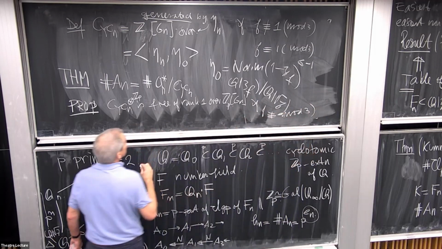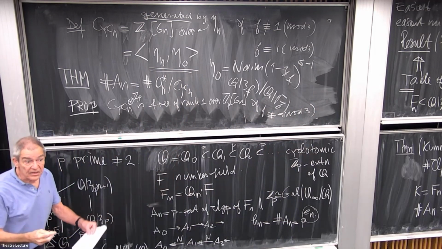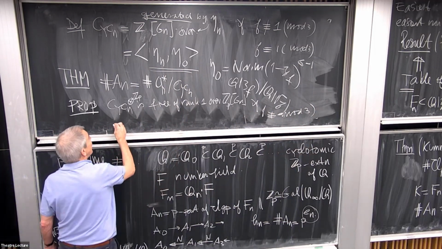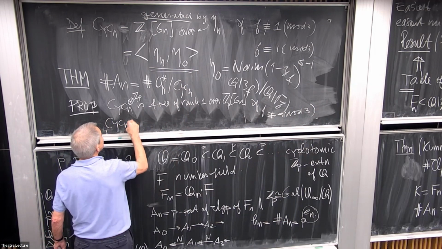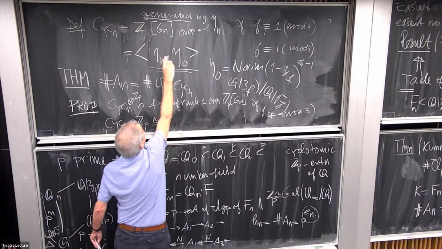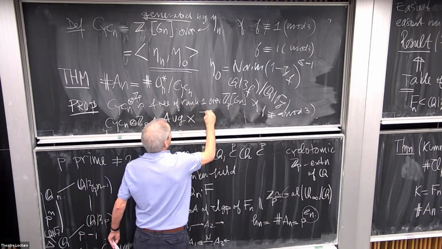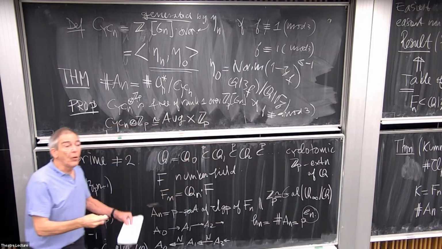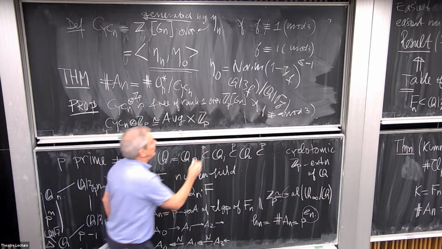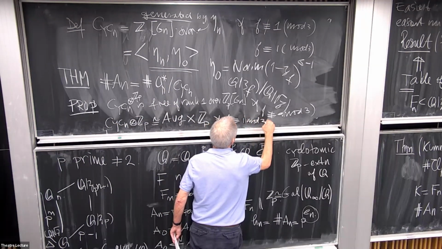If F is 1 modulo 3, there are 2 generators, and the structure is a little bit different, but it's also quite easy. In that case, the cyclotomic units is isomorphic to the augmentation ideal of this group ring times a copy of Z_p. So it is almost free. This is if F is congruent to 1 modulo 3.